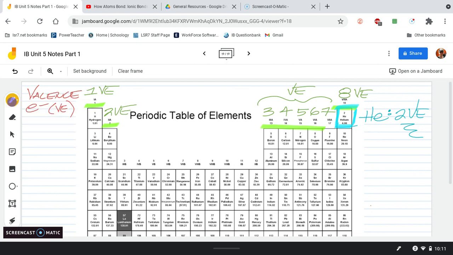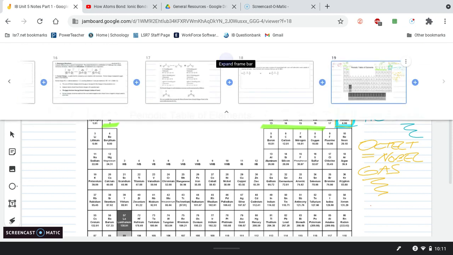Why is that important? Well, right there, there's 8. These are the noble gases. And so octet, if you take away helium, octet equals the noble gases. And so that is the goal of every one of these elements. The reason they're trying to get to 8, trying to get their outside structure full of electrons, is they're trying to get to that number 8.